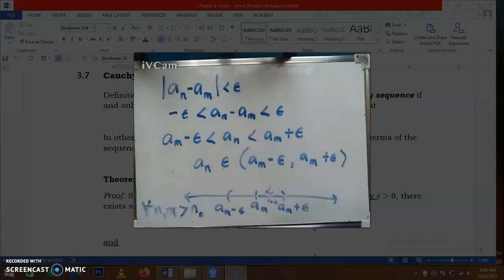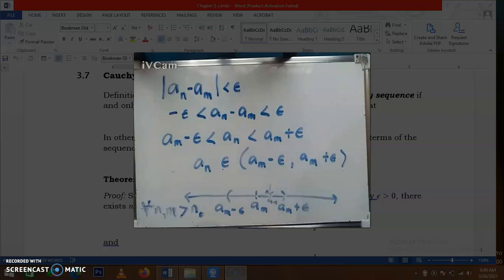So most of the time, this happens when n and m approach infinity, or n and m get large.